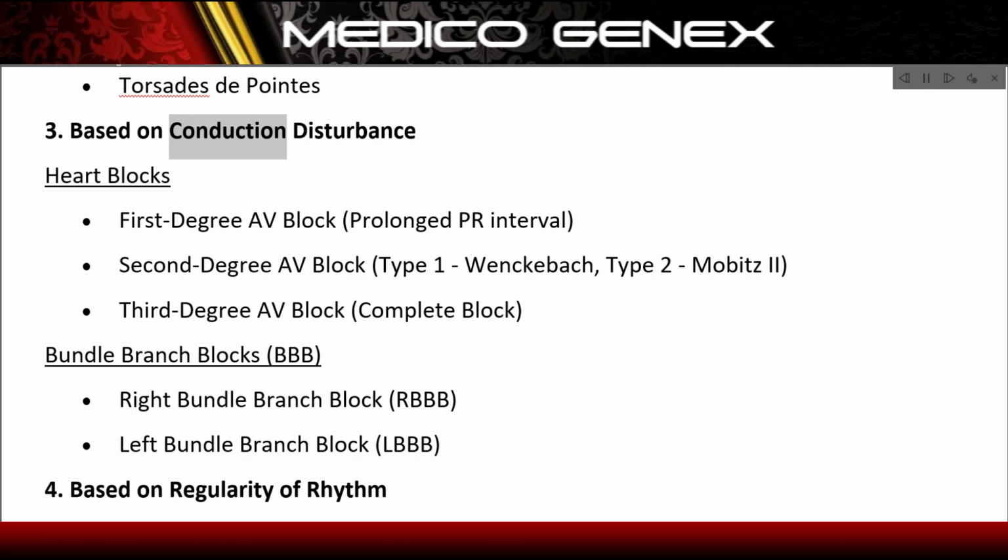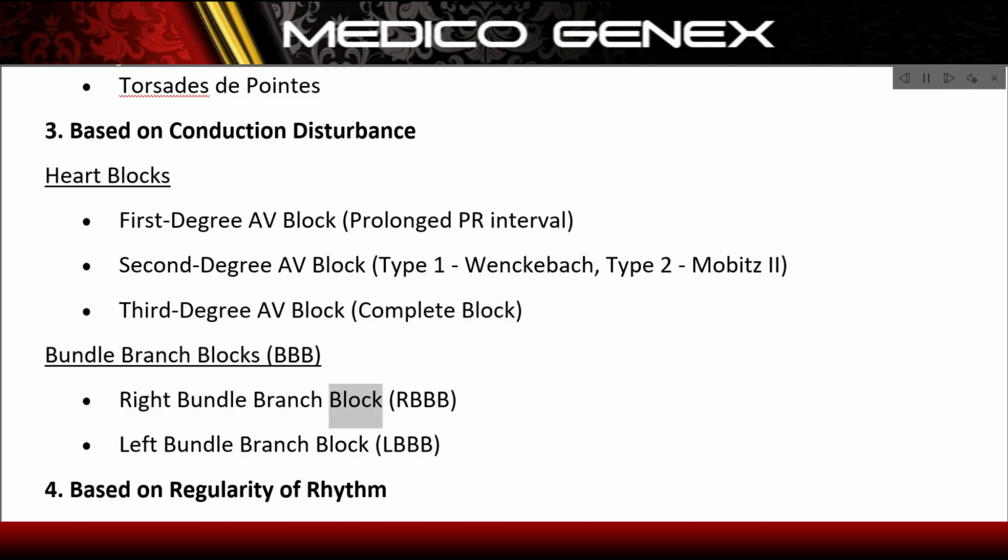3. Based on conduction disturbance. Heart blocks. 1st degree AV block, prolonged PR interval. 2nd degree AV block, type 1, Wenckebach, type 2, Mobitz 2. 3rd degree AV block, complete block. Bundle branch blocks, BBB.